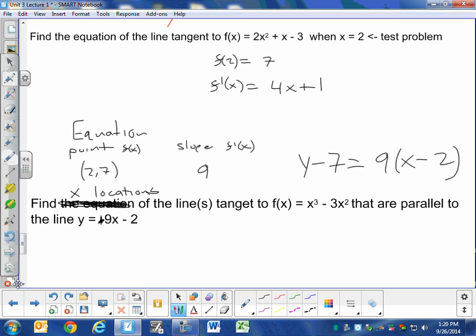If it's parallel to the line y equals 9x minus 2, I want to figure out when the slopes of the tangents of this equal 9. How can I figure out when the tangent slopes are equal to 9? Let's find the derivative, which is our tangent slope generator.